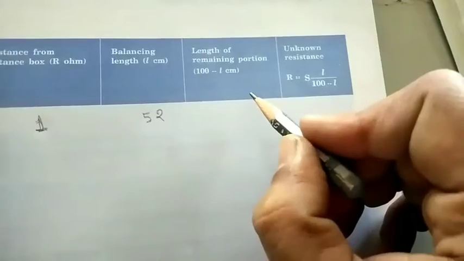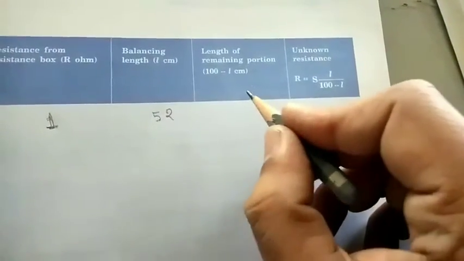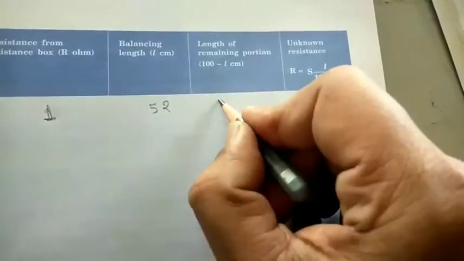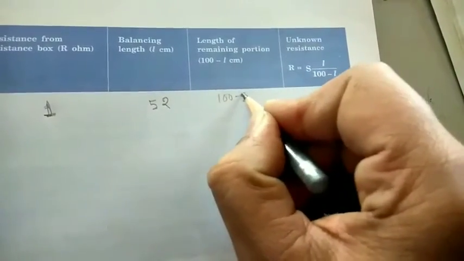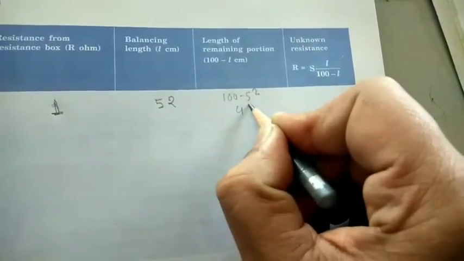The length of the remaining part is 100 minus L, so 100 minus 52, that is 48.